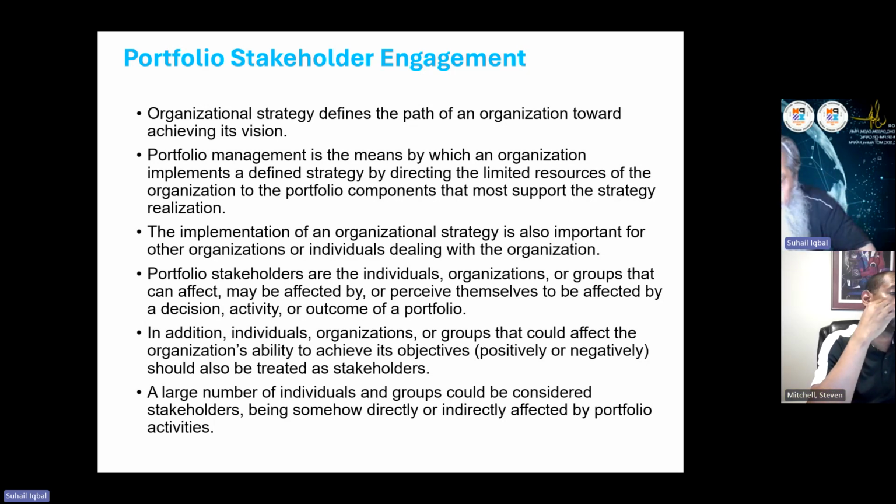So these people who could affect the ability to achieve our objective, either positively or negatively, should also be treated as a stakeholder. This is the second part of this definition. A large number of individuals and groups could be considered stakeholders, being somehow directly or indirectly affected by portfolio.